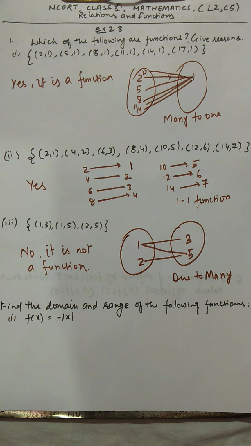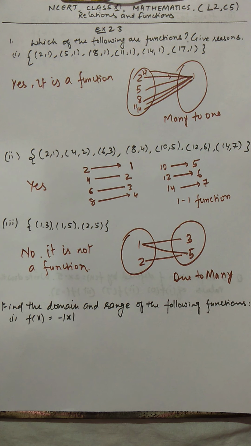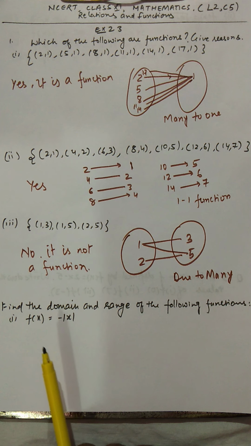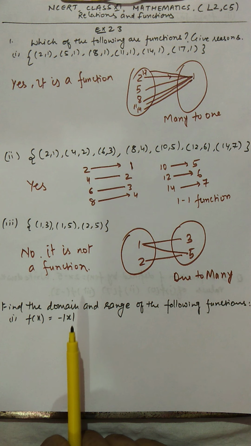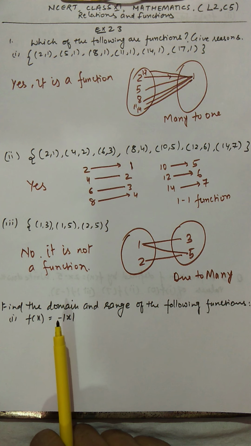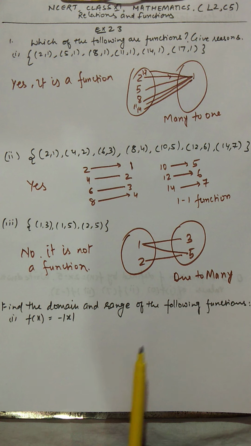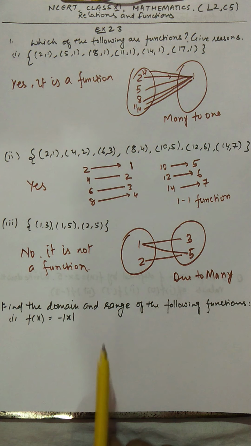Now come to this question, which is the most important one for this chapter. You will be given some functions, and this is a modulus function with a minus outside, and you have to find the domain and range. So domain, in general I'm telling you, means all values of x except the values which make the function not defined.